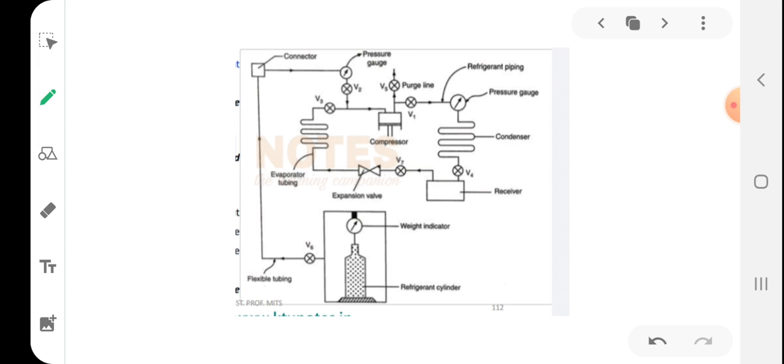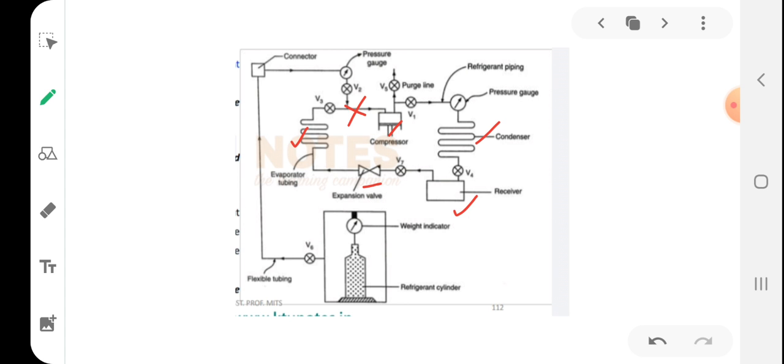I will tell you the sequence of operation. Before that, just have a look at this. So this is the compressor to condenser to expansion valve. Sorry, in between the expansion valve and condenser there will be a receiver, and then to the evaporator, and the charging is done at this point.